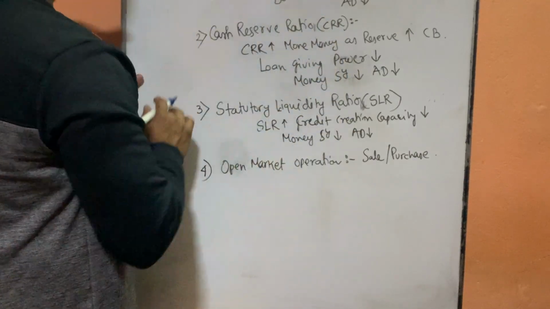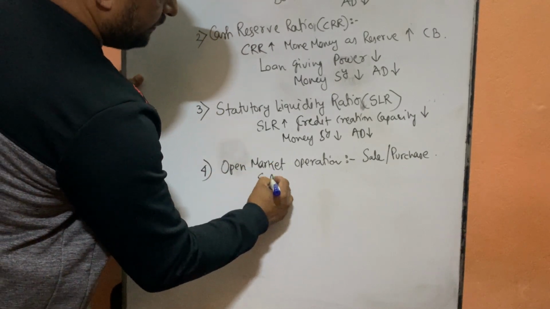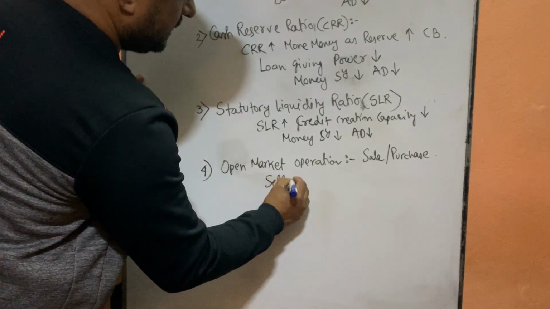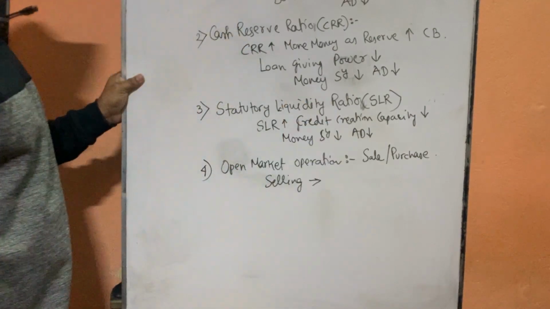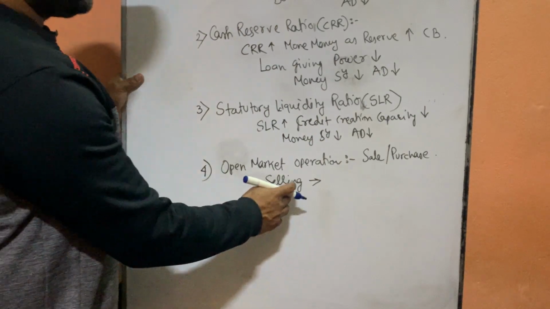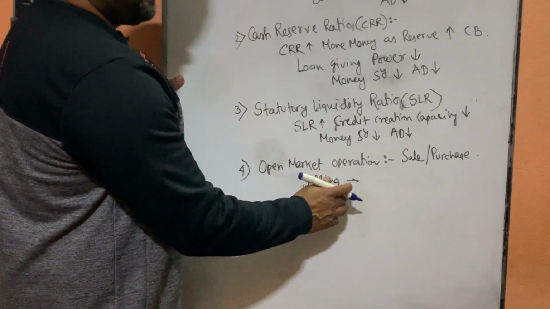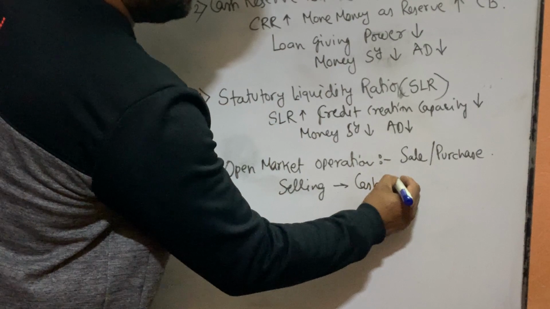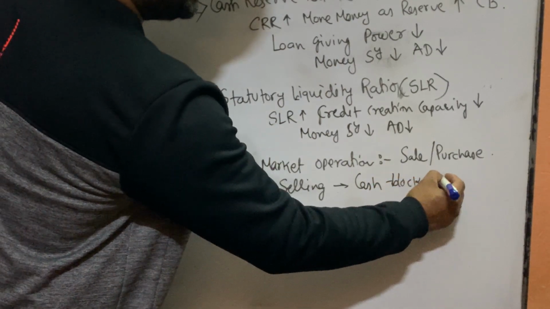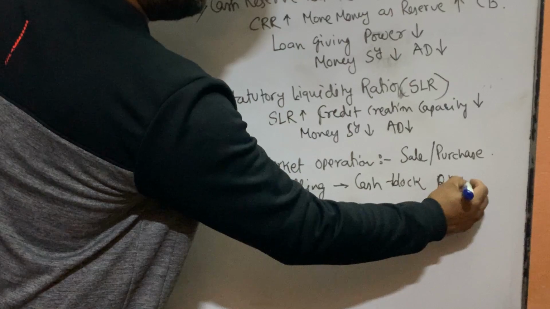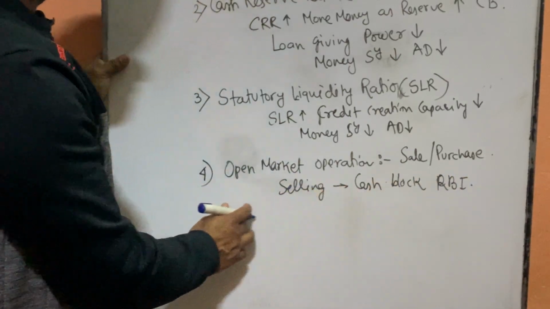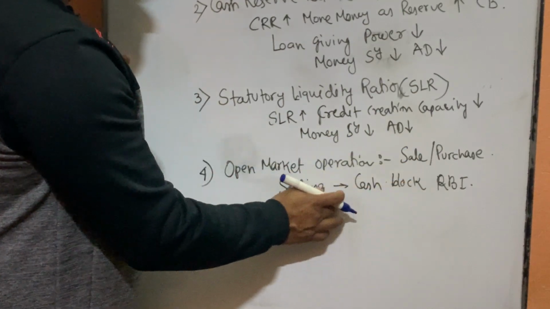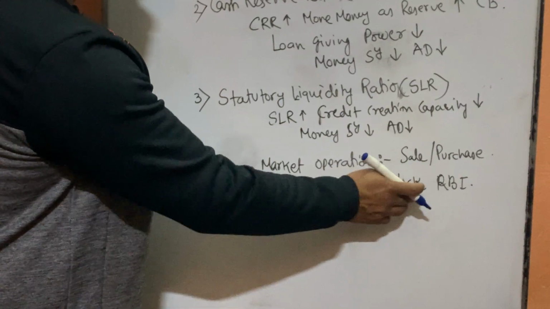Now during excess demand, what does the central bank do? The central bank starts selling securities in the open market through commercial banks. Selling securities means commercial banks are now purchasing securities from the central bank. Their cash is now blocked with the central bank, that is RBI.